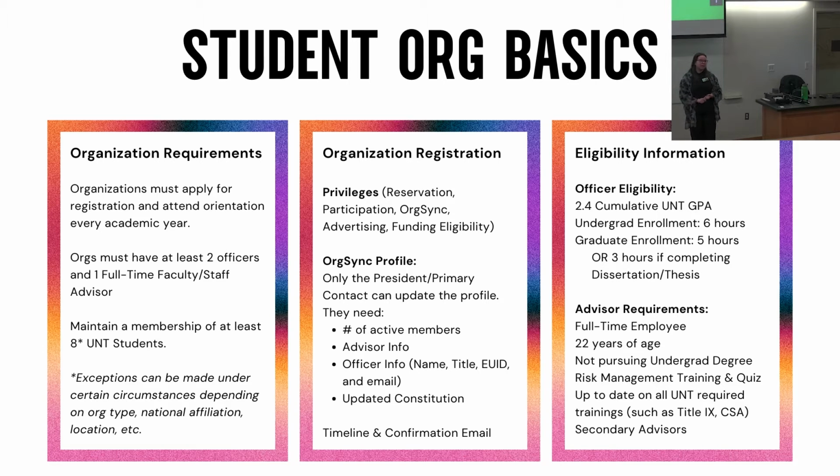Preferably, this is that email that is their email address on OrgSync. We don't necessarily want their Gmail, their Yahoo. We want my.unt.edu. And then lastly, they'll need an updated constitution. Even if there were no changes made from year to year, it's always a great thing to go in with that new advisory board, new executive board, whoever may be there, to make sure that they are aware of the different regulations put in that constitution.